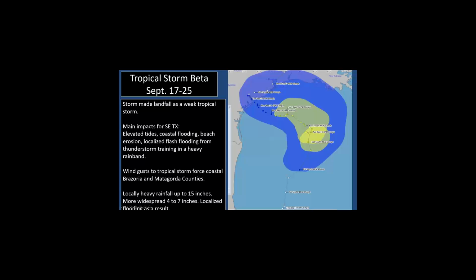What I'm going to have y'all do now is type in, I'm going to ask a question and see if you can type this in. What type of hazards would you be most concerned about with Beta? Beta being a weak tropical storm, but very slow moving. If you can, type into the question dialog what hazard or hazards you expect to see.